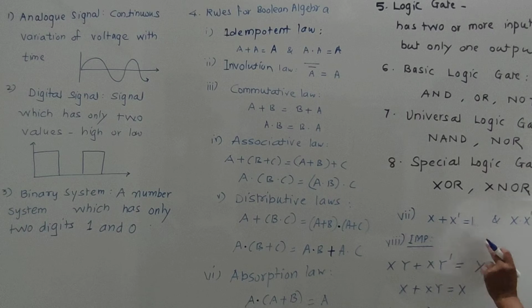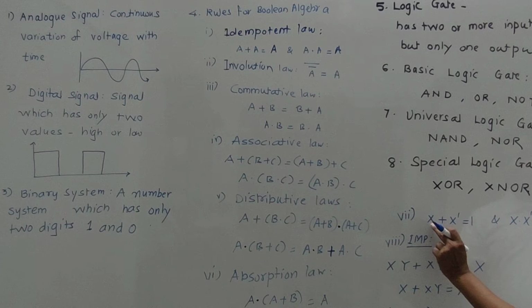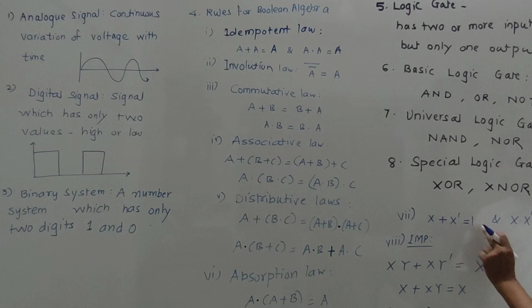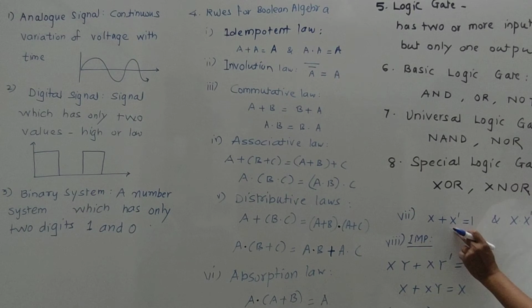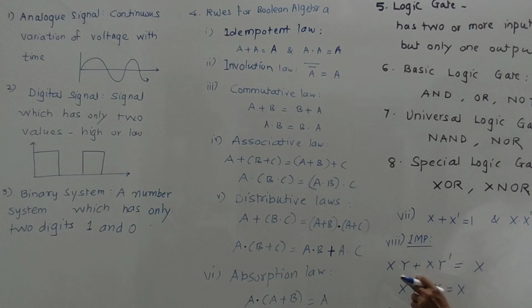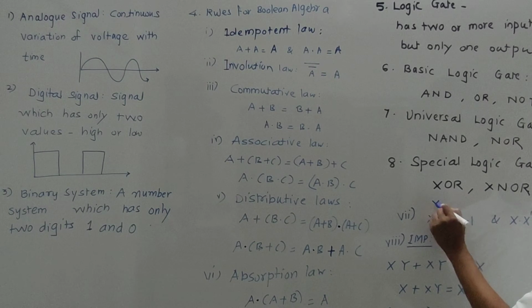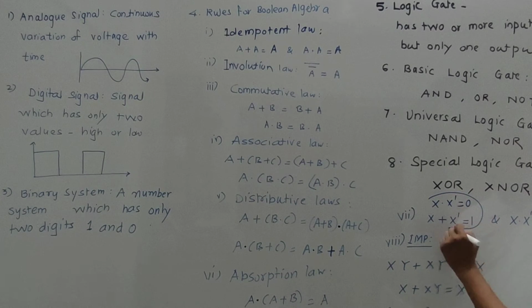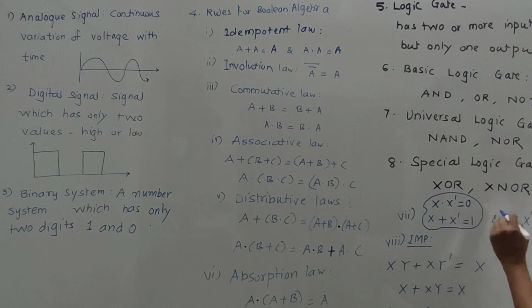In the same way, any variable ORed with its complement gives 1. X or X complement, answer is 1. X and X complement, answer is 0. This is very important for logic gate problems.